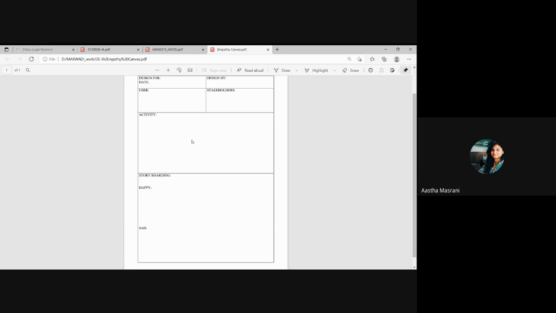Now, one more thing. Can anyone say what the difference is between the domain and your project title? Submission should be done on the design engineering portal.